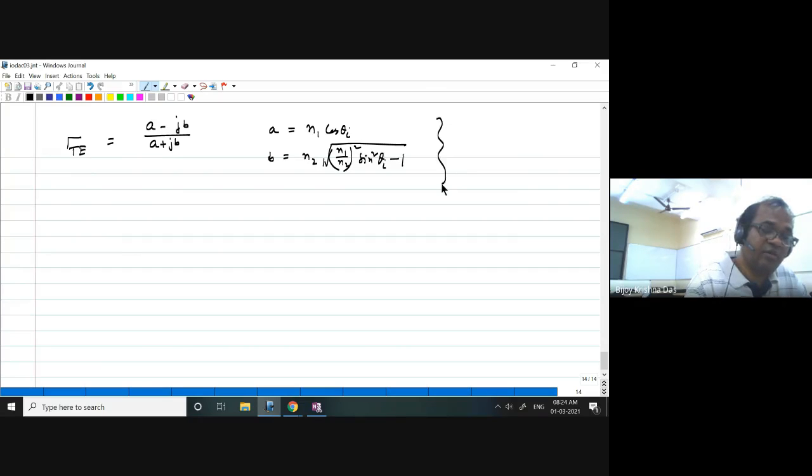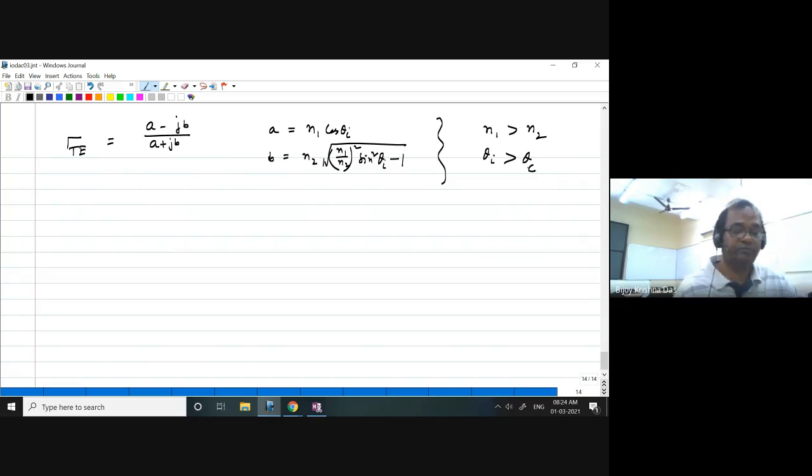This is the case we are considering when n1 is greater than n2 and theta I, of course, is greater than theta c. Then if this is the situation, B is a positive quantity. Obviously, A is also a positive quantity, right? So this is the case.